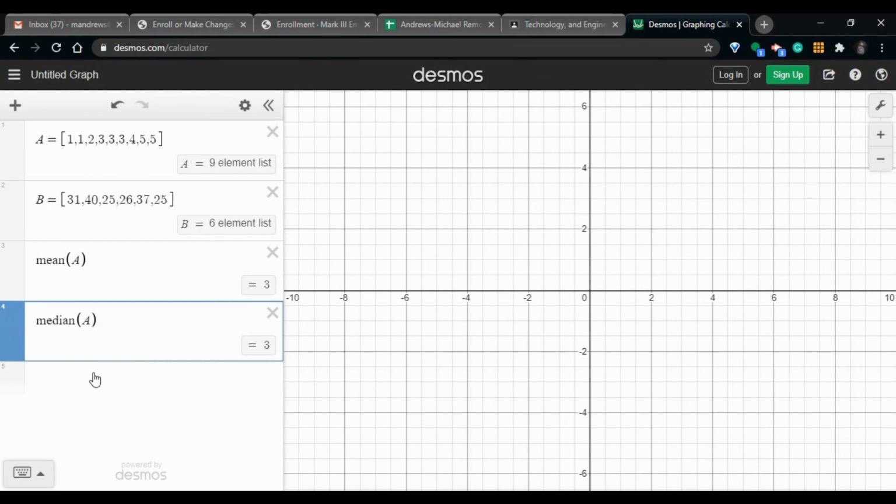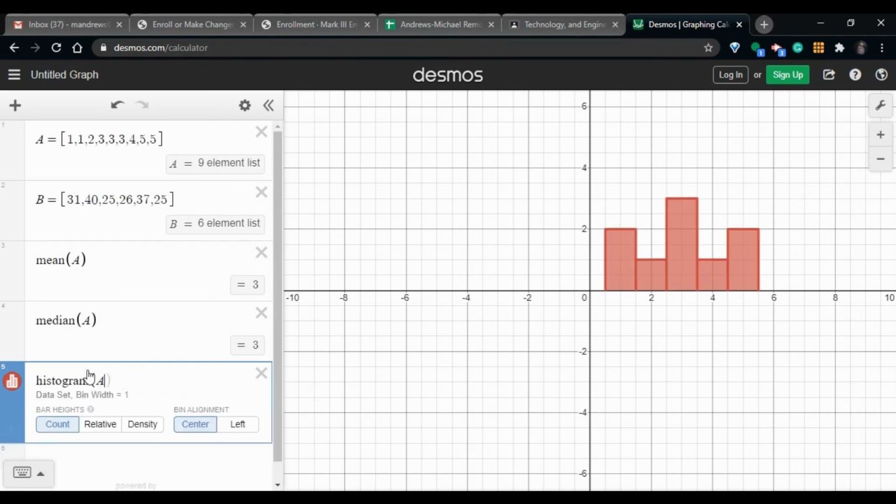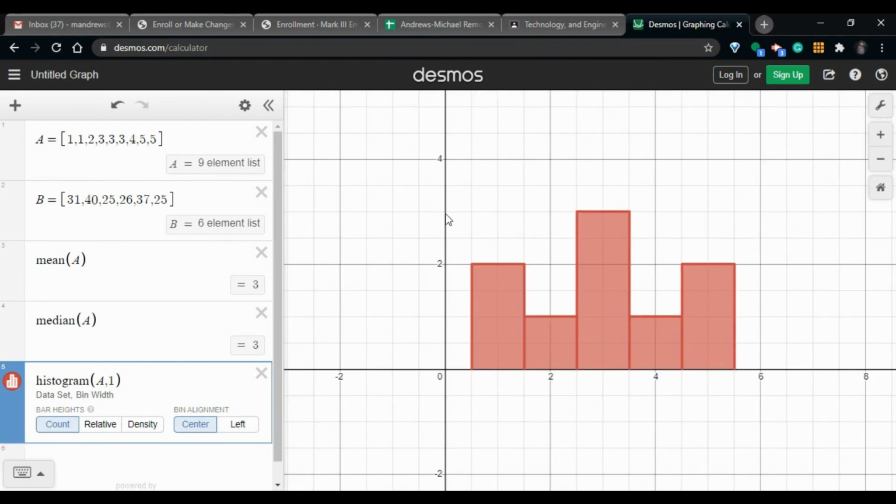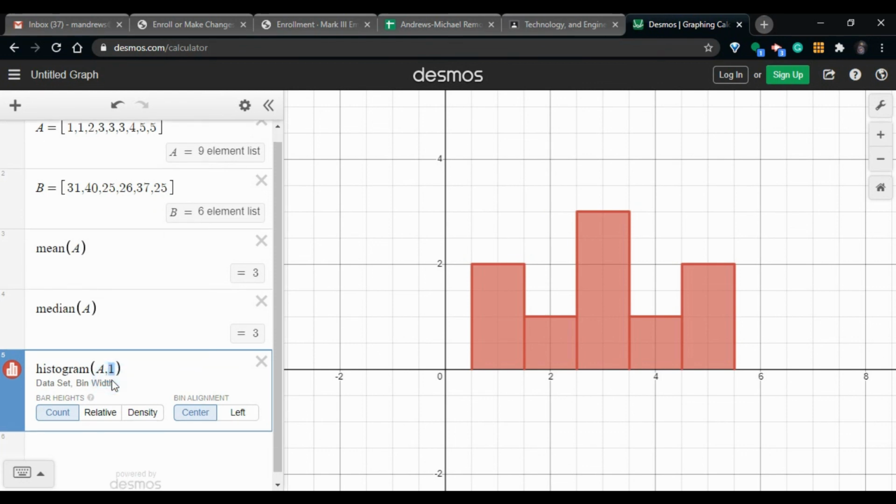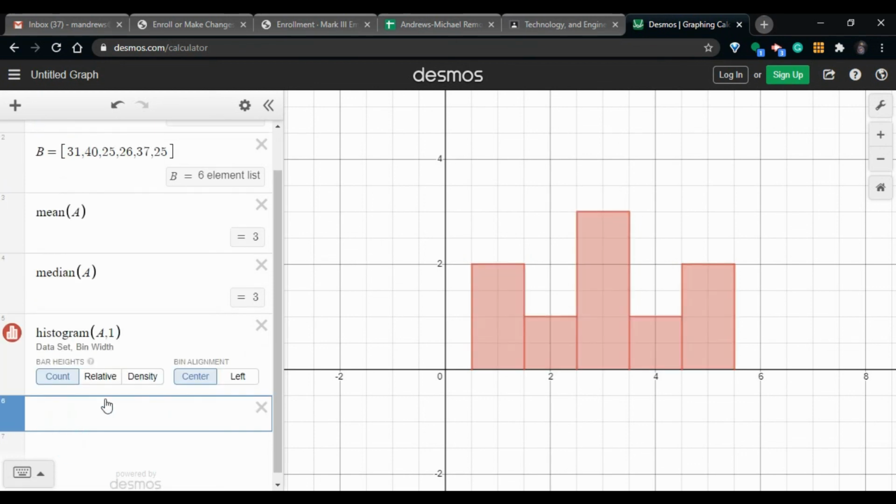I type in median, then I give the name of the set. Now, the mode is not something that we can do with Desmos, at least not now. So instead what I do is I create a histogram with bin width 1, and then I look for the one that has the peak, and that's going to be my mode.